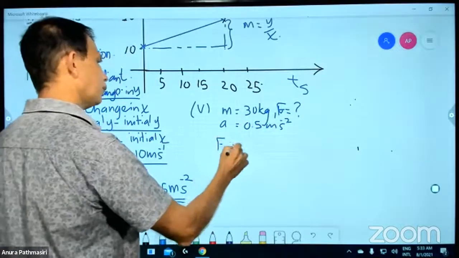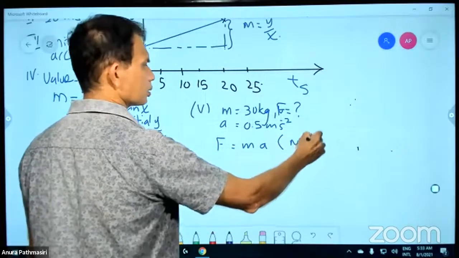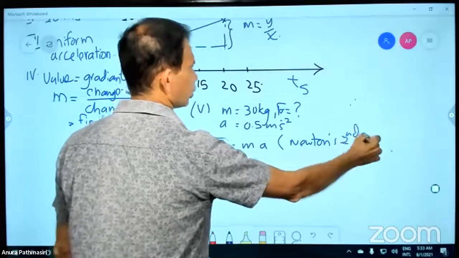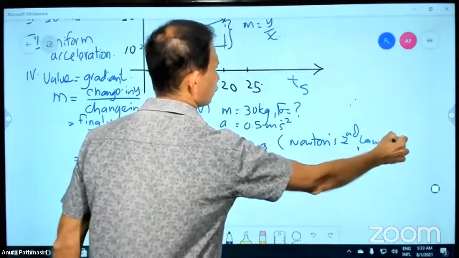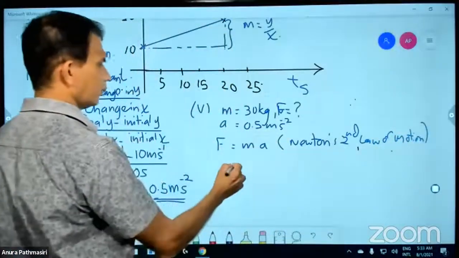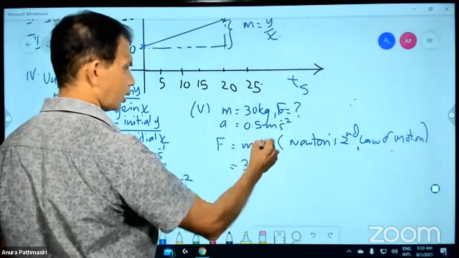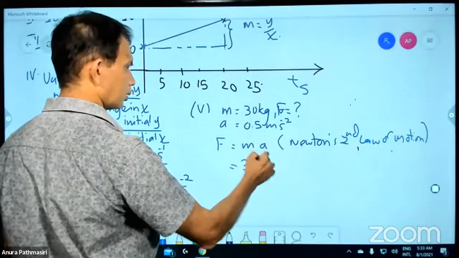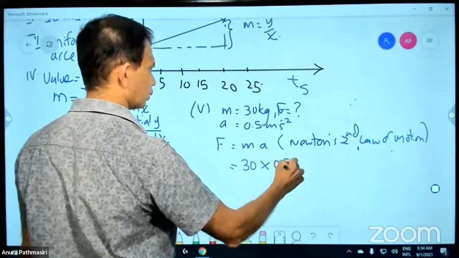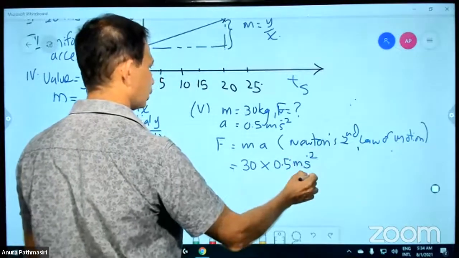So F equals ma, Newton's second law of motion, with M 30 kilograms and A 0.5 meters per second squared.